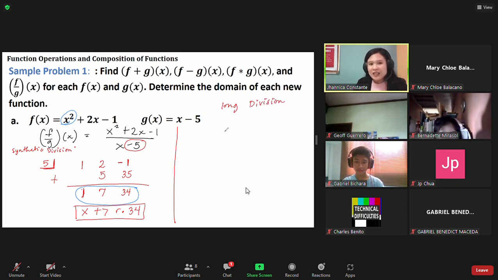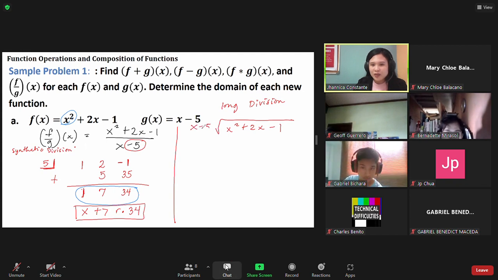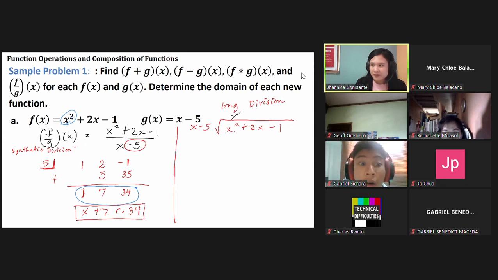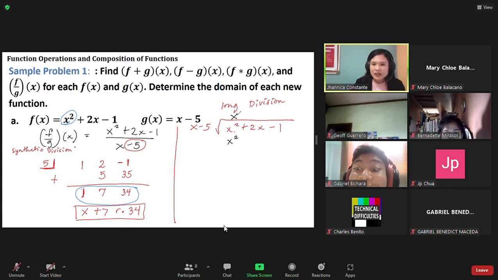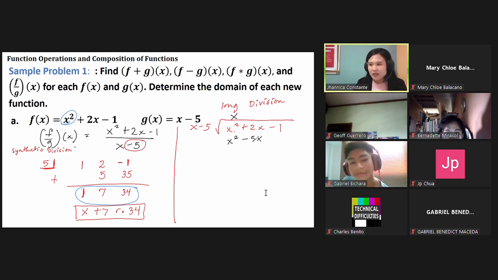Okay. So x squared plus 2x minus 1 divided by x minus 5. Let's see if we're going to have the same answer. So x squared divided by x is equal to x. So x times x is x squared. x times negative 5 is negative 5x.